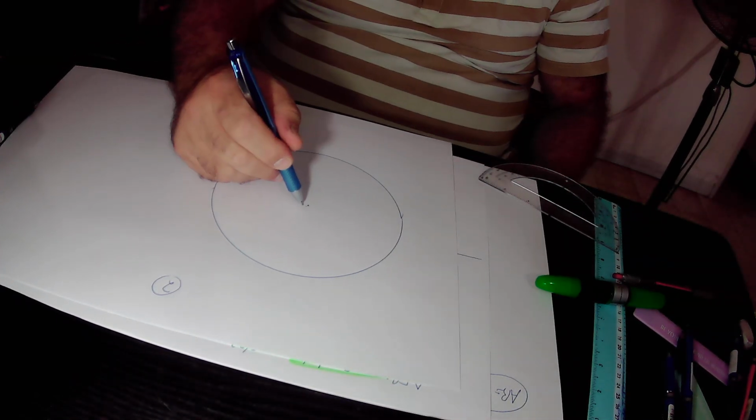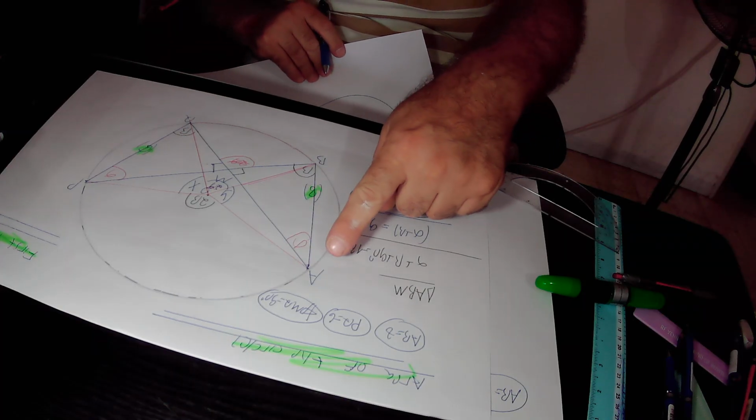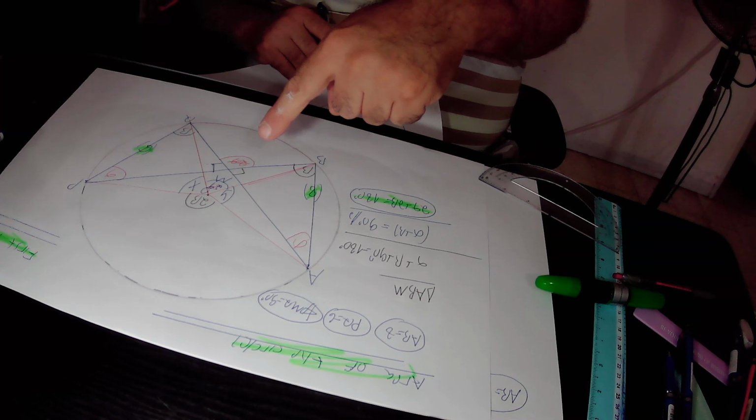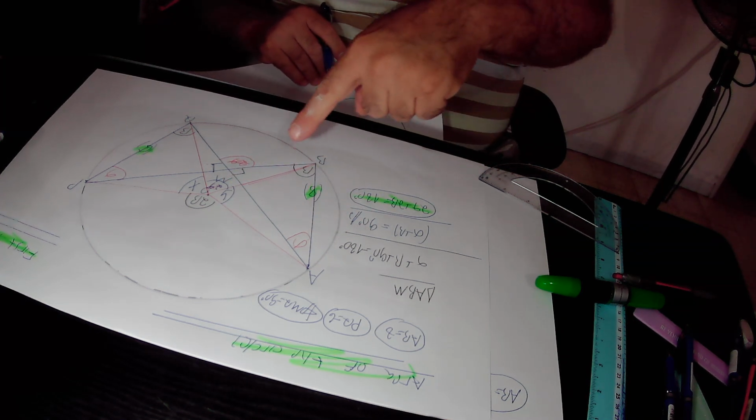Point O is the center of the circle. I will draw chord AB. Actually, I will draw this central angle AOB.